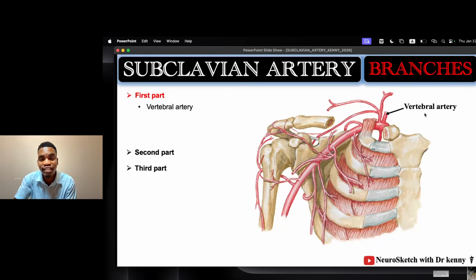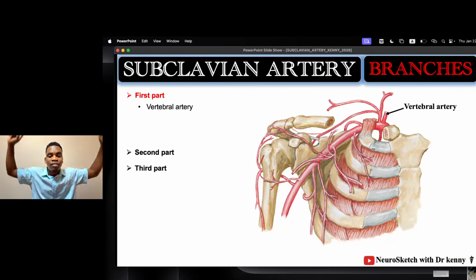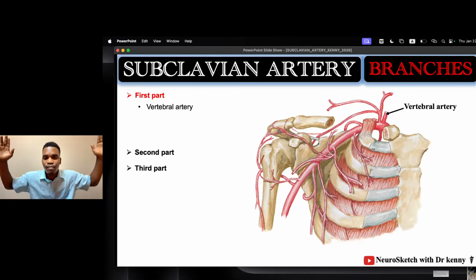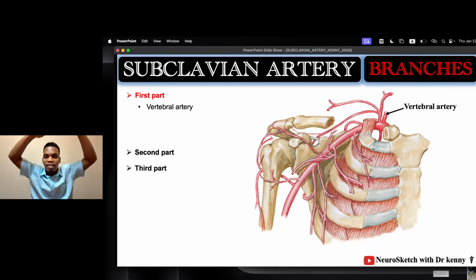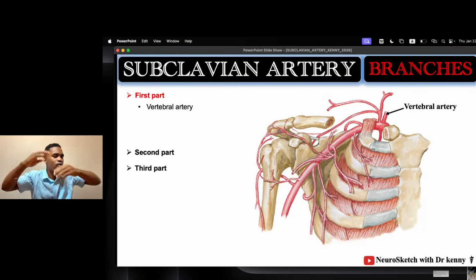The vertebral artery is the very first branch from the first part of the subclavian artery, and it is traveling through the transverse foramina to supply the brain and the spinal cord, as we have seen. We'll have a separate discussion on the anatomy of the vertebral artery.